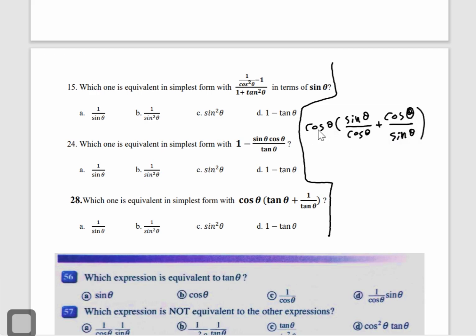If we multiply these two together, cosine with this cosine will cancel, sine is remaining, sine theta plus, if we multiply cosine to the other one, it will be cosine square over sine theta. We can find like denominators, multiply by sine, because here we have sine, so it will be sine square plus cosine square, which means 1 over sine theta.